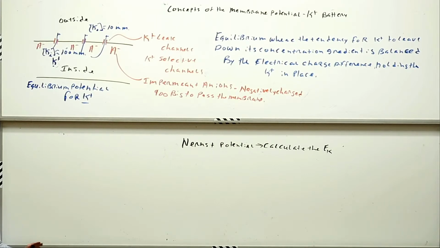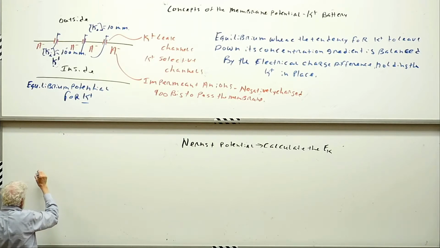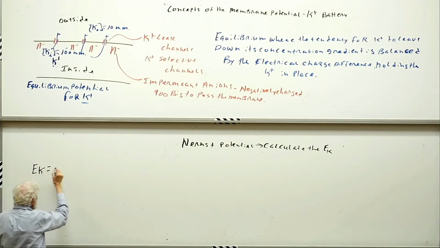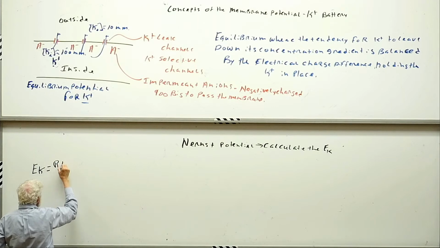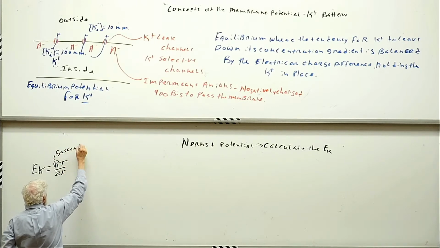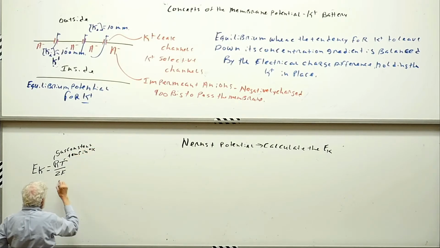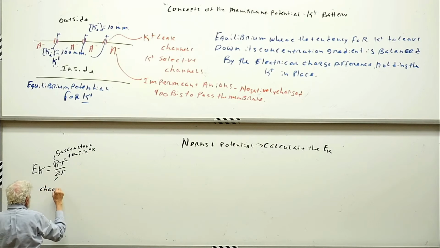But Walter Nernst recognized that for any ion, in this case potassium, he could say the equilibrium potential for an ion was equal to a series of constants, RT over ZF. R is the gas constant. T is temperature in degrees Kelvin. Z is the charge on the ion.